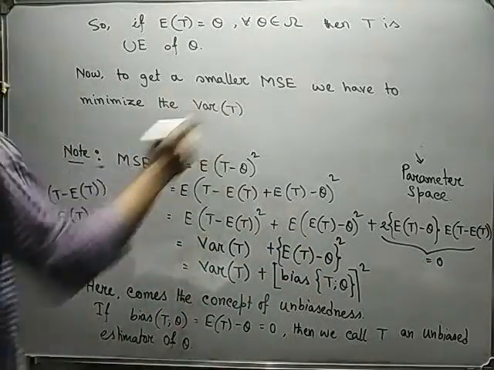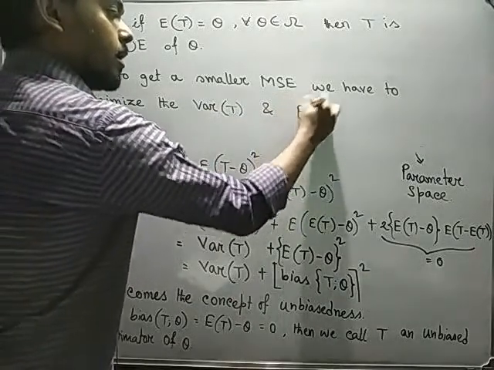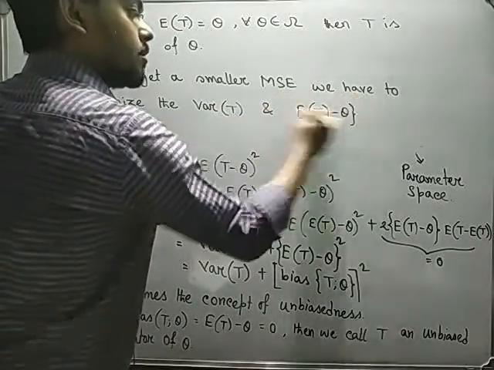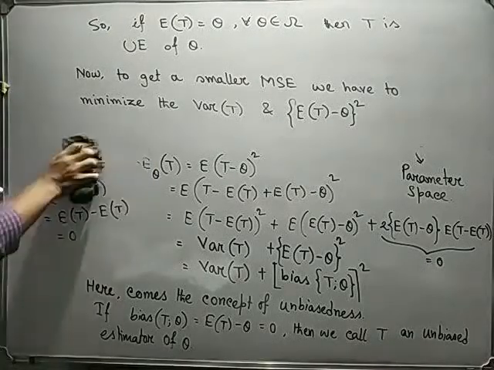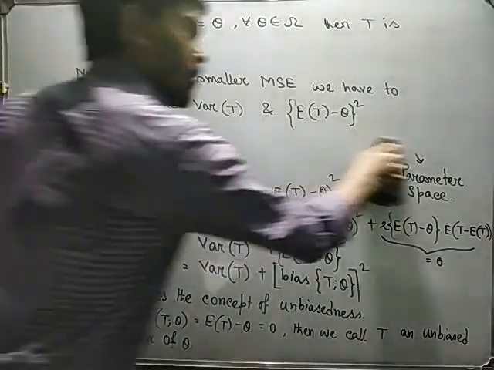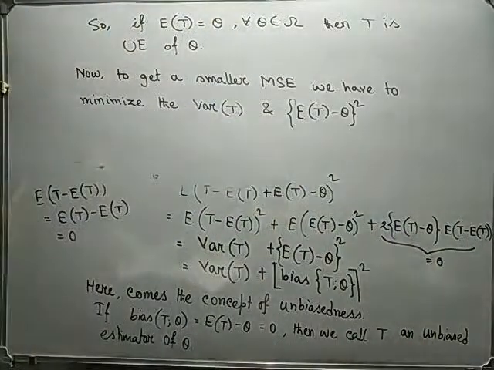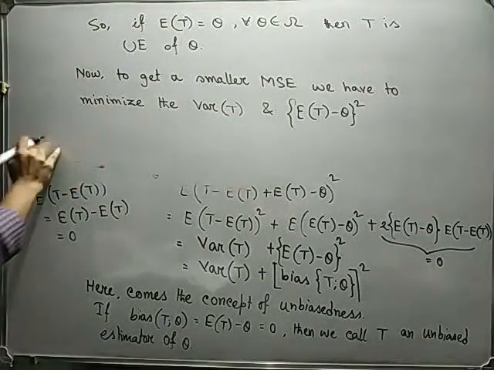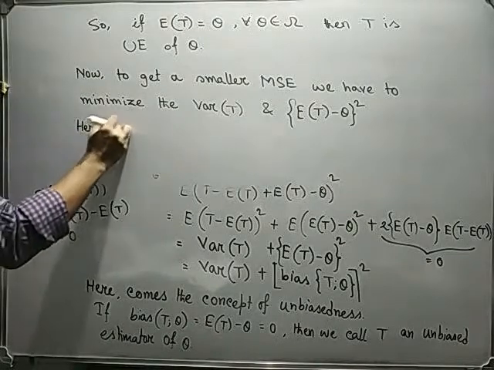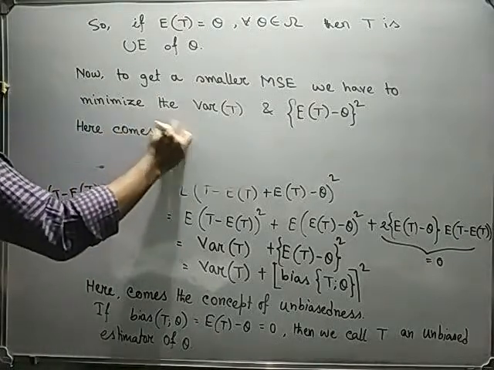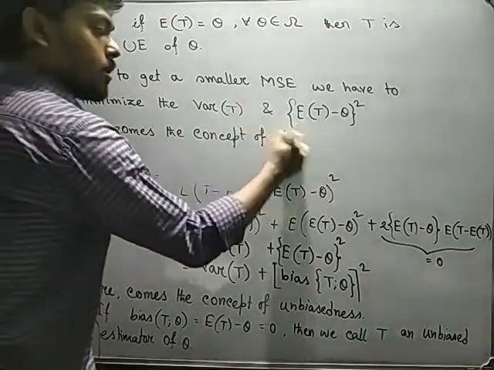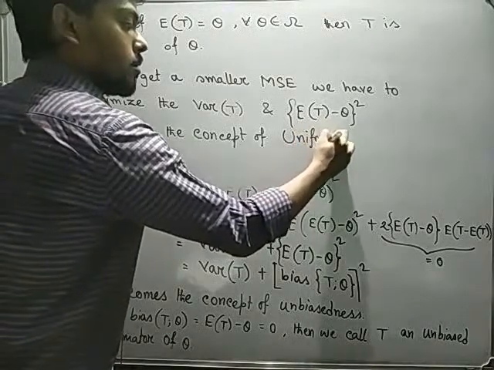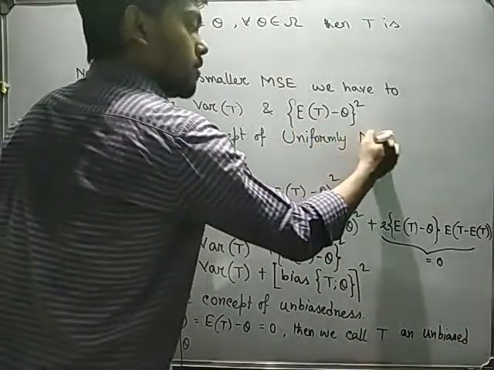So we have to minimize the variance of T and the expectation of T minus theta square part. Now here comes the concept of minimum variance.